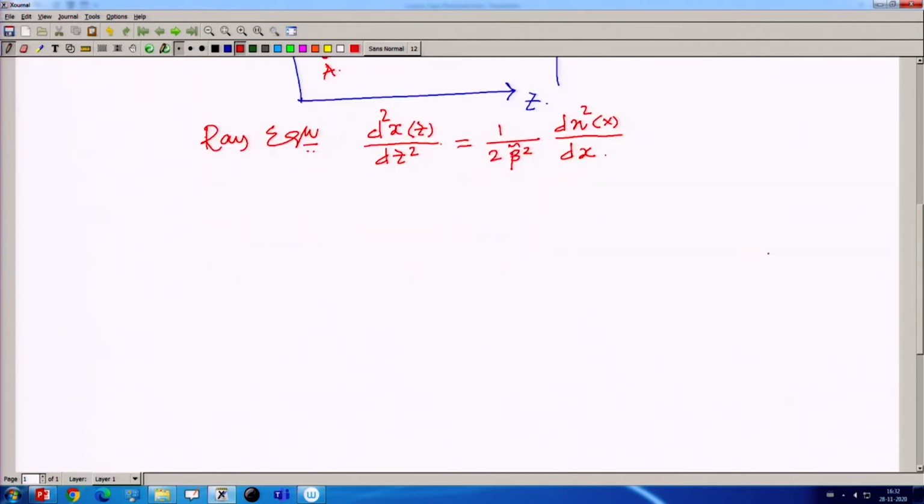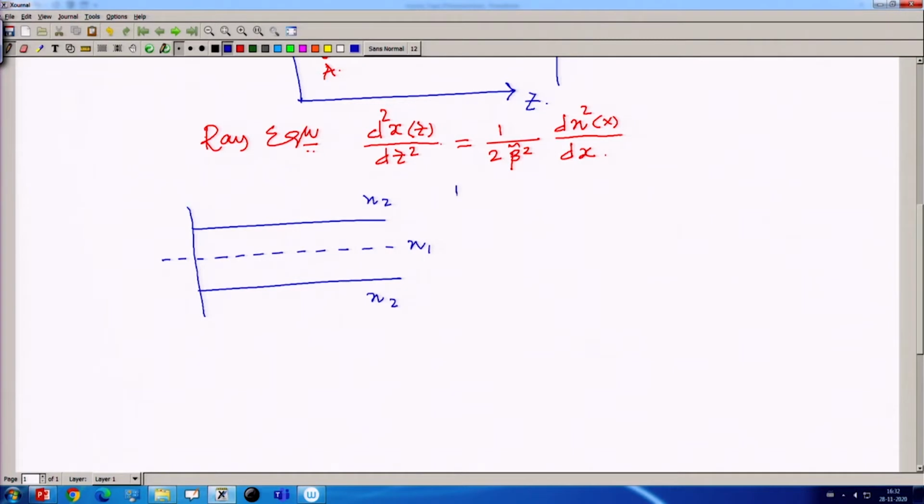And now, if I have a fiber structure like this, with refractive indices n1, n2, n2, it is a step index kind of fiber.